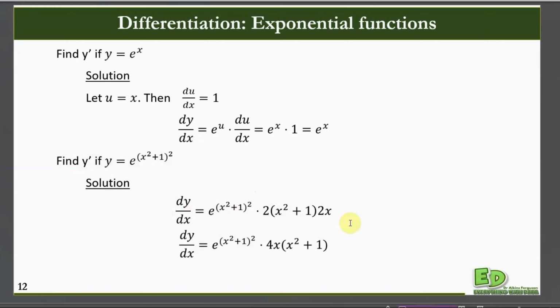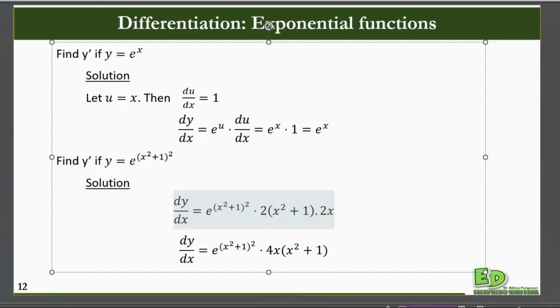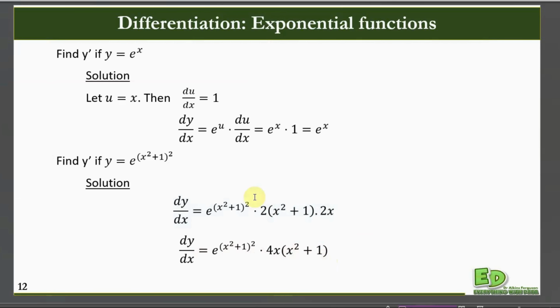So bring the power in front of the function, reduce the power of 2 by 1, then multiply it by the differential of what's in the bracket. The differential of x squared plus 1 gives you 2x. So keep the function here again. You multiply 2 by 2x, that will give you 4x times the bracket x squared plus 1, right? So this is how you go about the exponential functions.